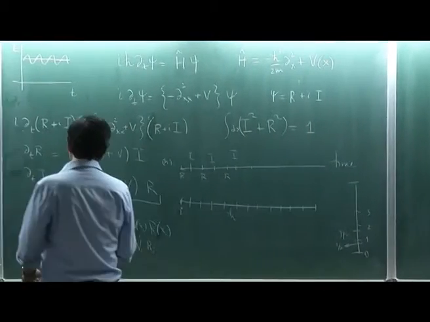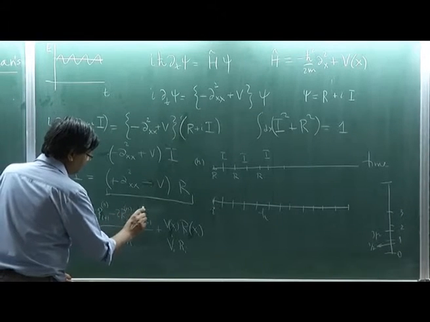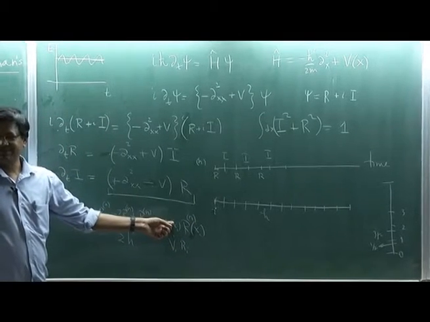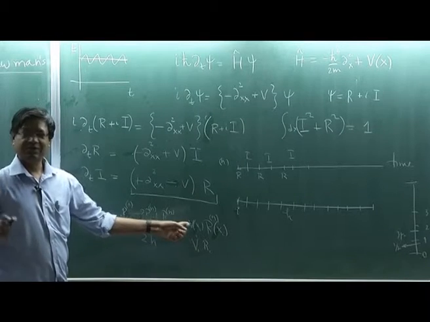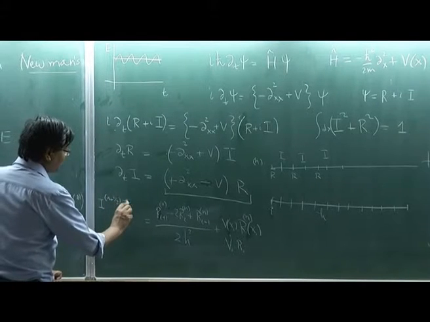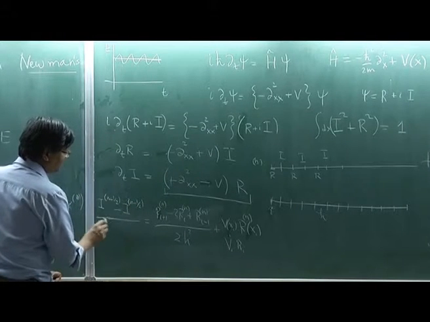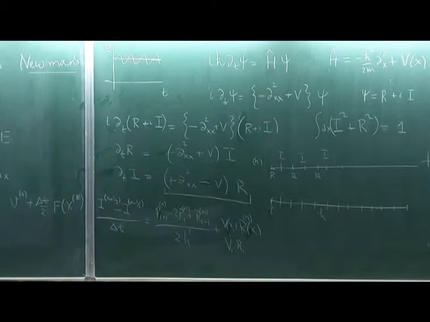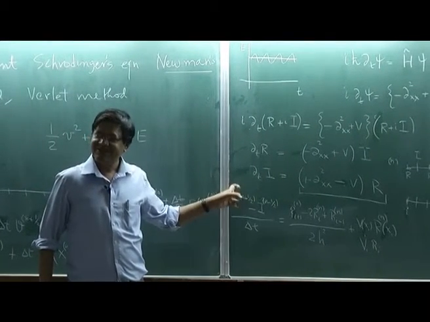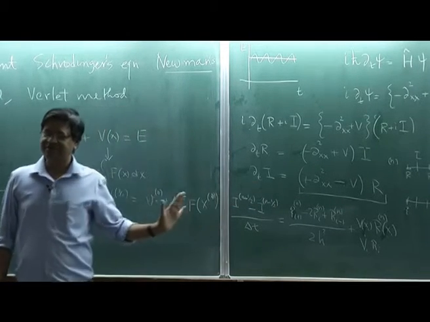So these are known at discrete integer times, this is at n, and this of course is constant, it does not change, the potential is not changing in time. Now I will write this as I at n plus half minus I at n minus half, divided by delta t, because my imaginary part is jumping through half-integer time steps. Is that clear to everyone?